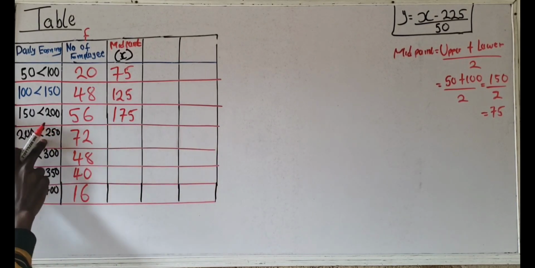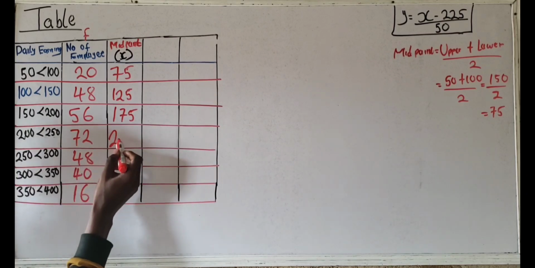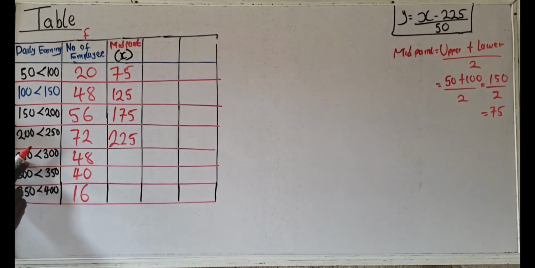Now here, we are going to add upper class interval 250 and lower class interval 200, divided by 2. 250 plus 200, that is 450. 450 divided by 2, that is 225, okay? 225. And for the next cells, add 300 and 250. 300 plus 250, that is 550. 550 divided by 2, that is 275.